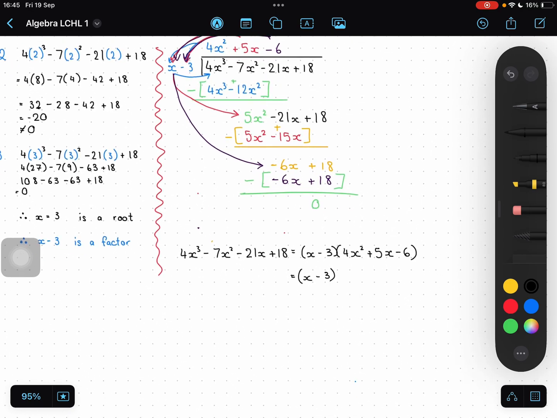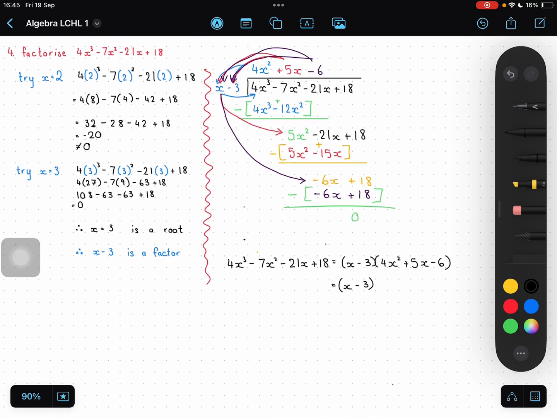To do that, I'm going to carry down what I'm not changing, this other bracket that is fully factorised, and I'm going to factorise this. It's not the easy quadratic to factorise now. Remember, the leading coefficient isn't 1.